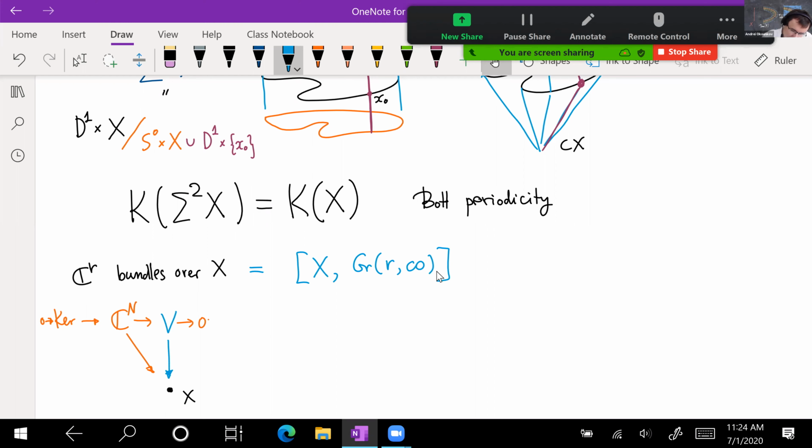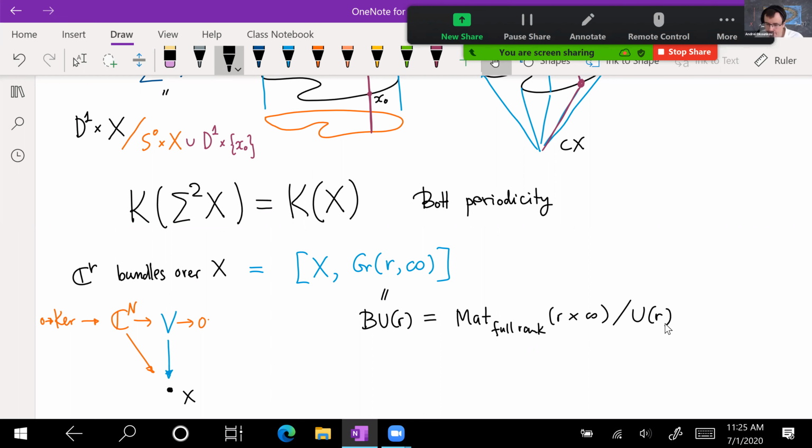And so this is the space which is called the classifying space. This is BUR. This is the quotient: you take matrices of full rank of size R times infinity, and you mod out by UR. Something like that.